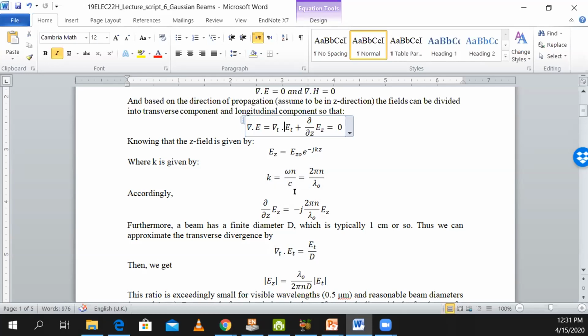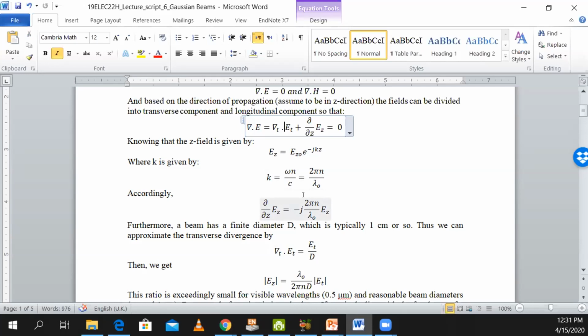And you can remove partial by partial z of Ez by this term, which is minus j 2 pi n over lambda naught times Ez. And this is, of course, equal to 0. Now you can have a relation between E transverse and Ez.